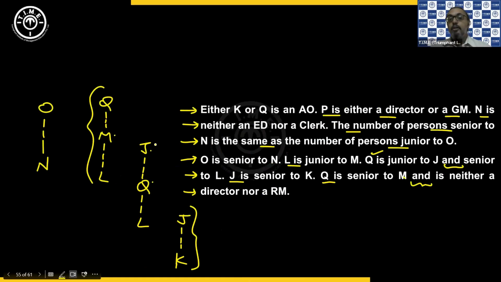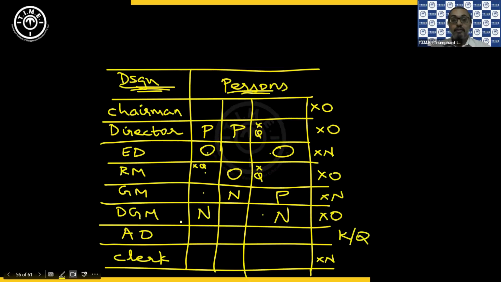Okay, now look at J particularly. J is above how many different people? J is above Q and Q is above M and L. So J is above M and L, so 3. And J is also above K, 4. So J should be above these 4 persons: Q, M, L, K. Do I have them available in my table?